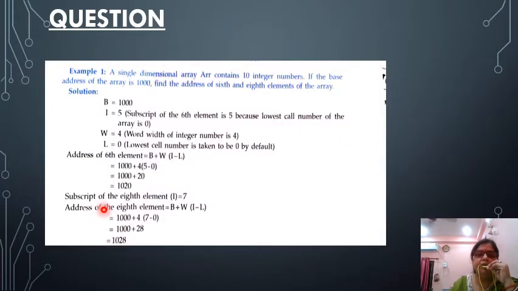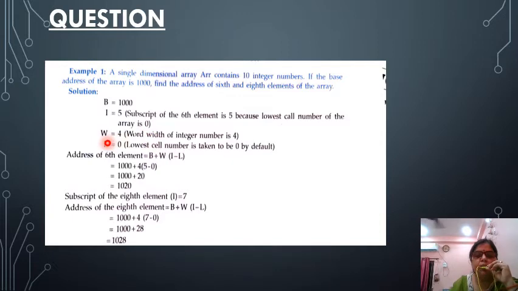Now see, here we have done a question on how we are going to calculate. A single dimension array contains 10 integers. If the base address of the array is 1000, find the address of the 6th and 8th element of the array. See, here we have base address 1000. The I subscript of the 6th element is 5 because the lowest cell number of the array is 0.